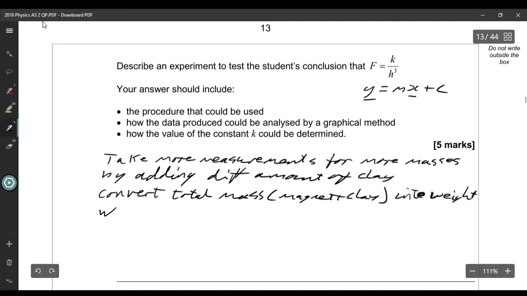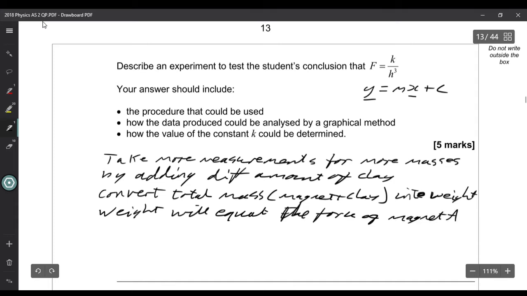So the weight will equal the force of magnet A on magnet B. Then we can plot a graph of F against 1 over H cubed.